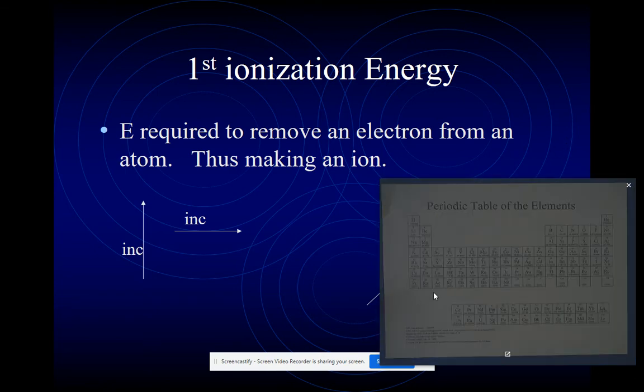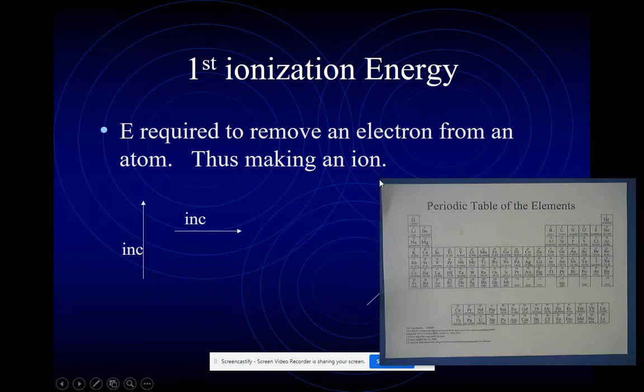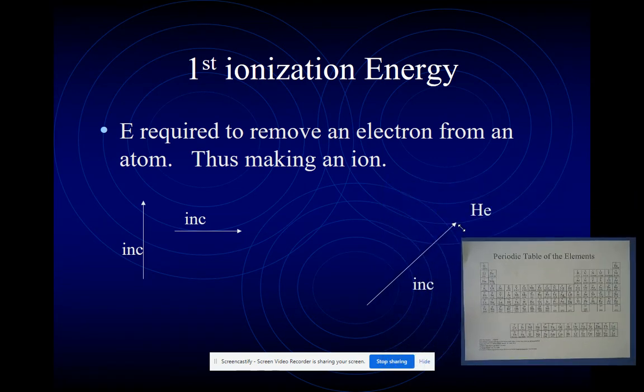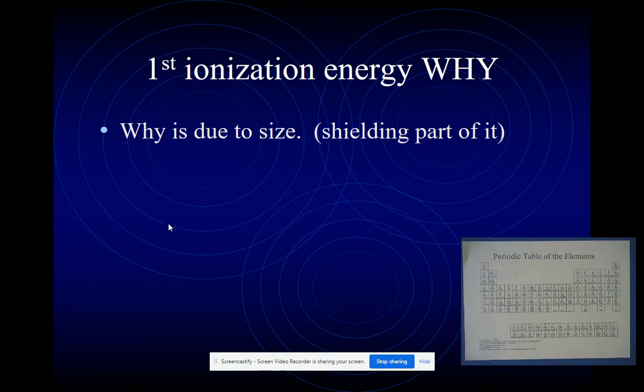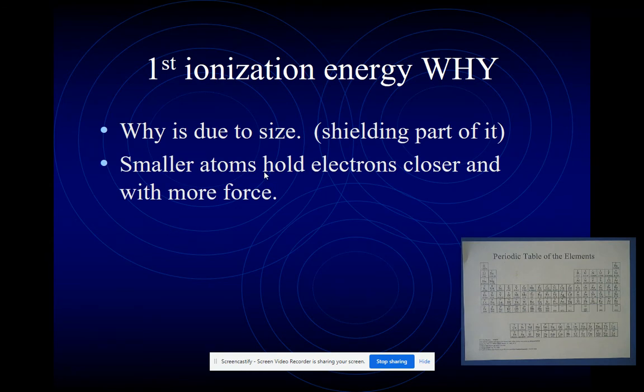Now, why does it require less energy to remove an electron from a big atom? And the answer is this. It's all based on size, okay? Smaller atoms hold electrons close and with more force because they're physically closer together.